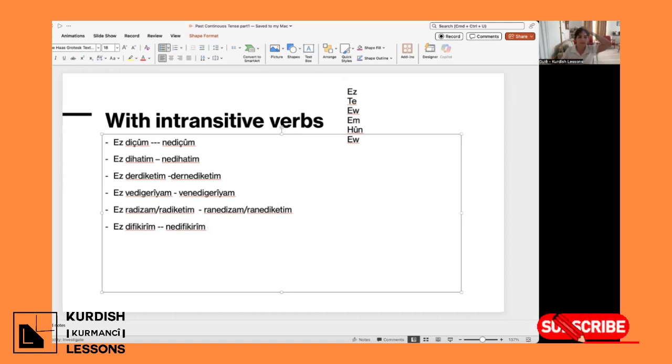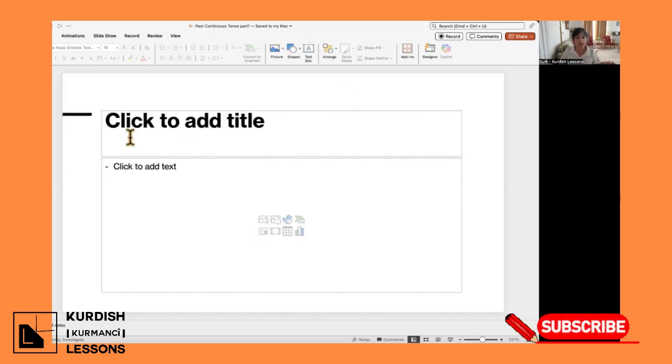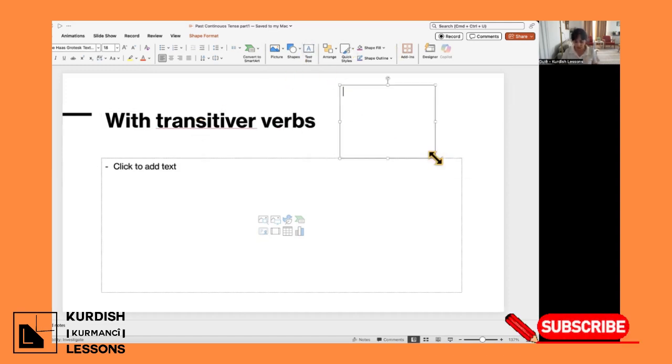With transitive verbs in Kurmanji, the hardest tense is the past tense, the past tenses with transitive verbs, right? So as I said, when it is transitive, you use min, te, we, wan. Basically, the subject should be in the oblique form.